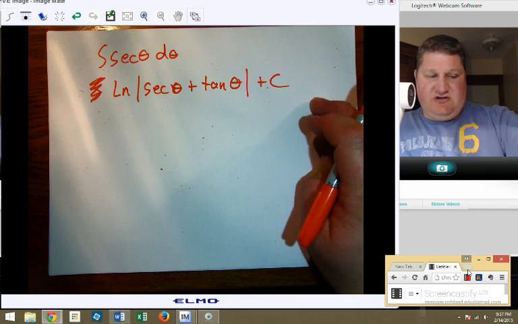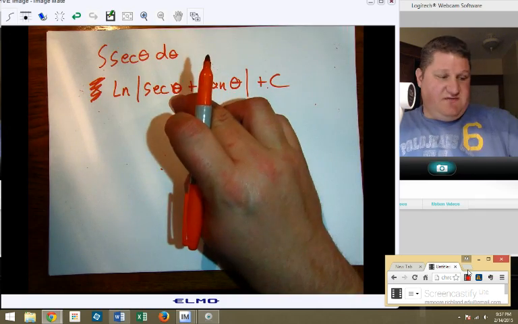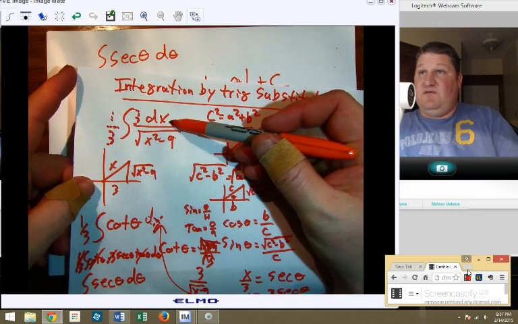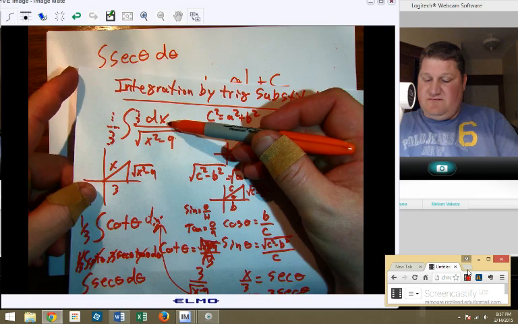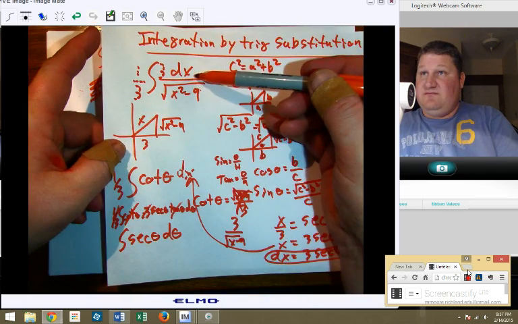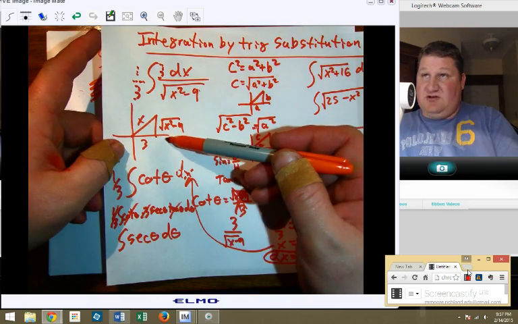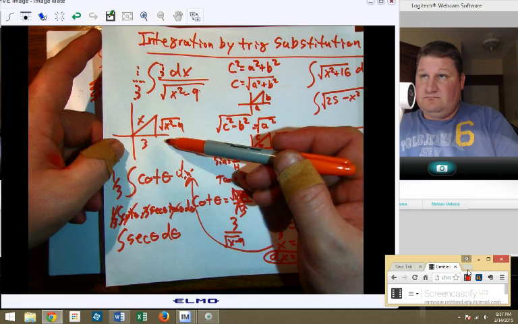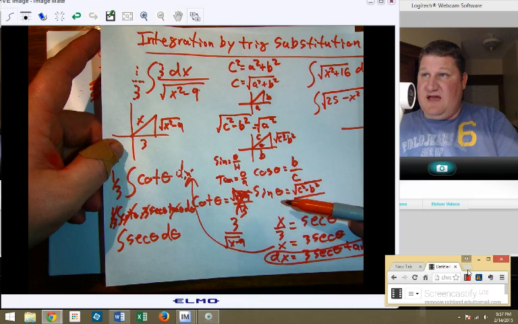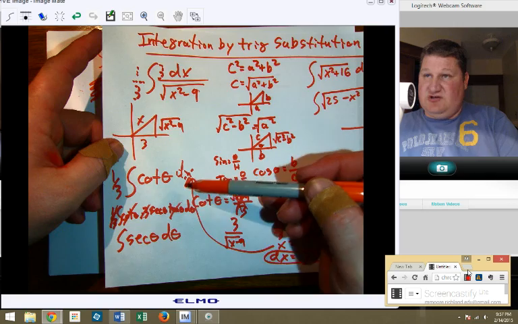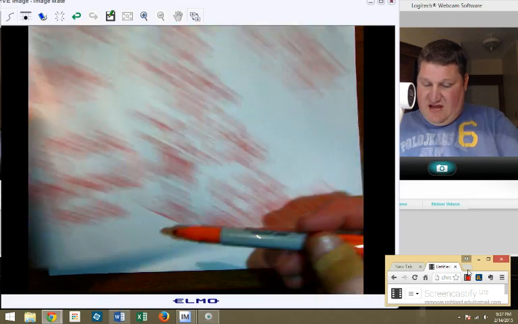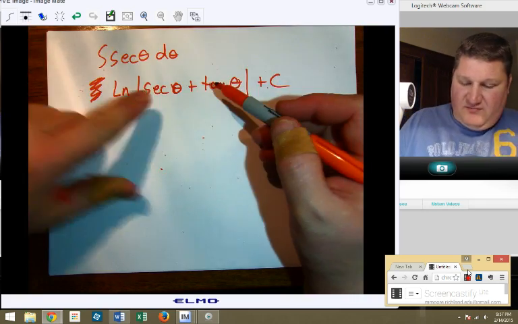Now, that is the integration. The only challenge here is that it's still in terms of theta, and we were asked for the integration in terms of x. So I took x, I defined it in terms of a triangle, replaced it with a theta so that I could integrate using theta, and now I have to put it back.